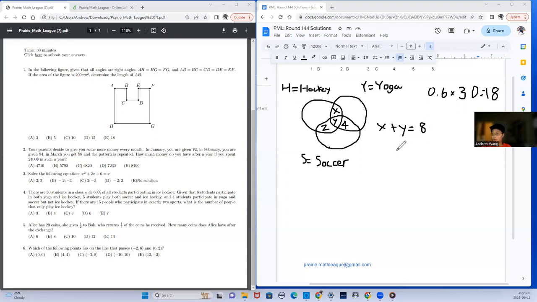And we also know that between ice hockey and soccer, Y plus Z equals 5.